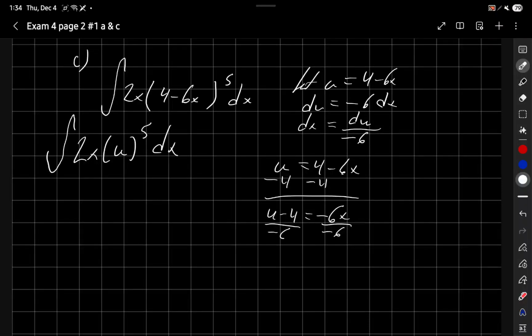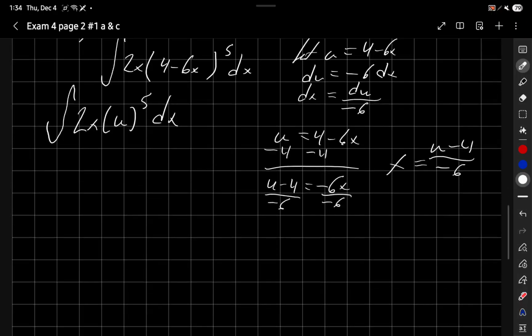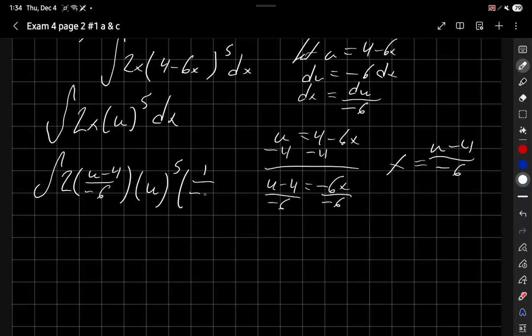That means x is going to equal u minus 4 over negative 6. So let's just plug in all of our variables now. So we have 2 times u minus 4 over negative 6 times u to the 5th times 1 over negative 6 du.